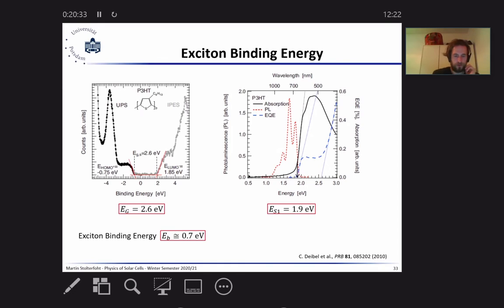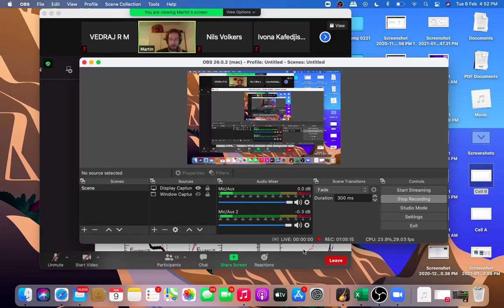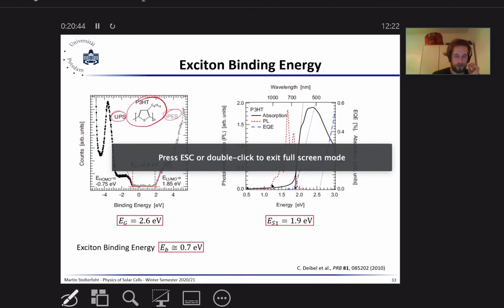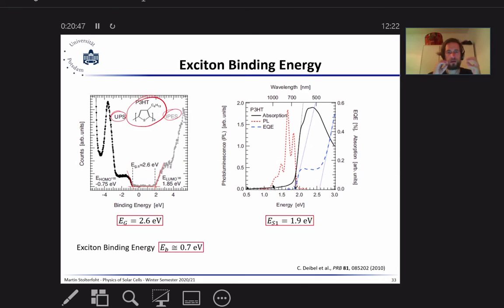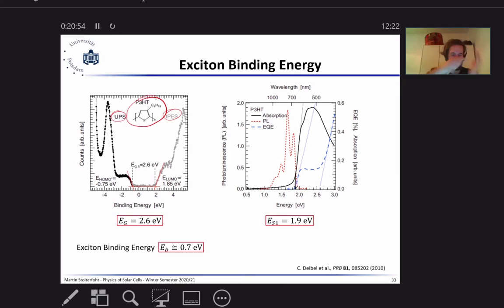If you measure on P3HT, with the thiophenes as repeating unit, the band gap with UPS, not sure if you're familiar with that, UPS allows you to quantify the occupation of the molecular orbitals and to directly measure the density of states in the valence and the conduction band, or the HOMO and LUMO. So when you measure P3HT, the optical gap is 2.6 eV.